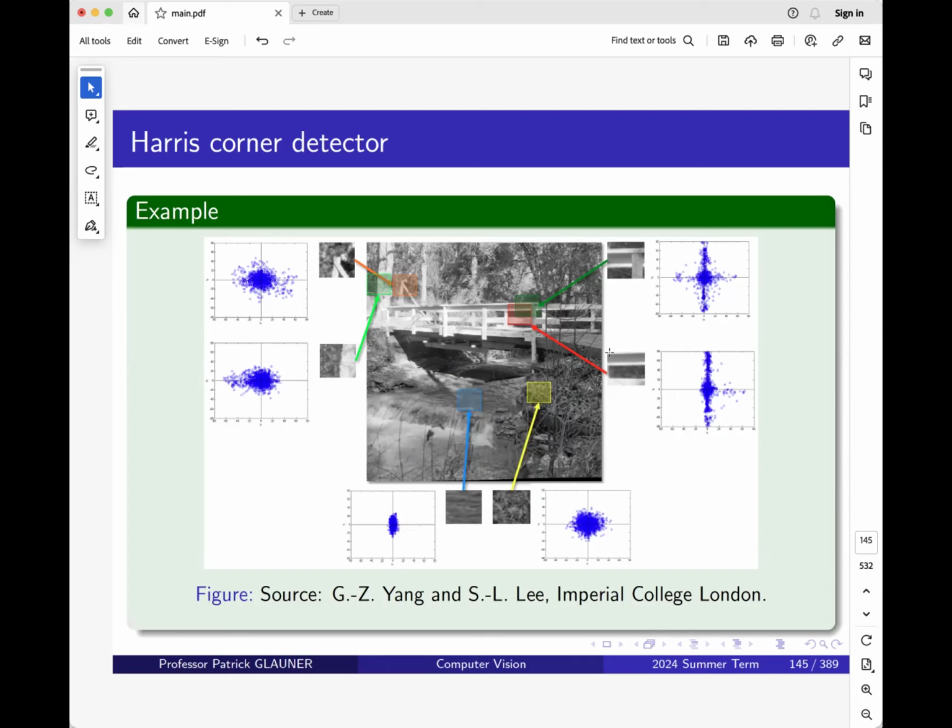But if we take a different area where we have concrete corners in it, for example in here we have quite some corners, we see that our eigenvalues are large. Both eigenvalues are large if we have corners in it. However, if I only have straight lines in it, like in this part of the image, only one of the eigenvalues is large and the other eigenvalue is relatively small.